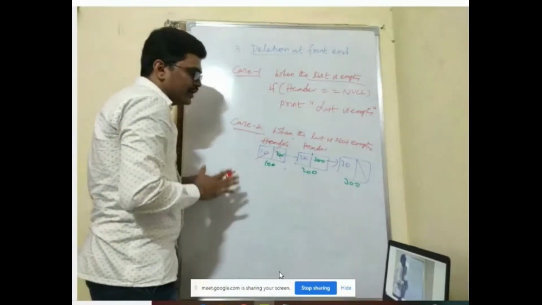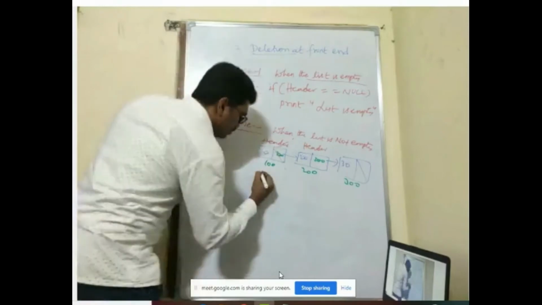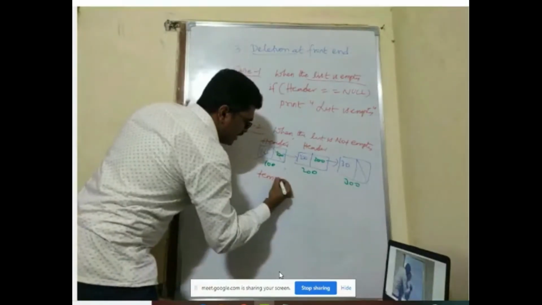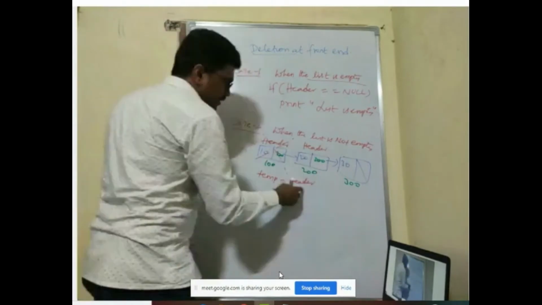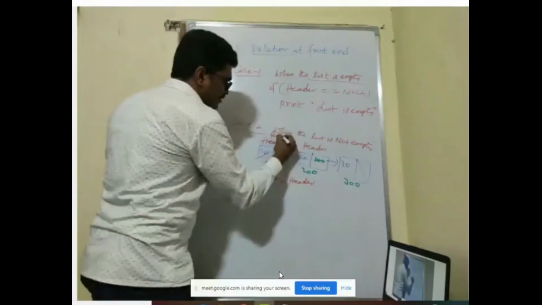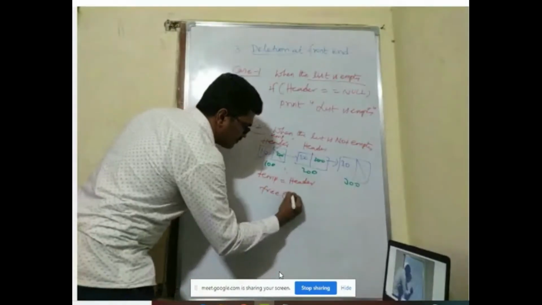So how are we going to do this? Physical memory deletion is not required, but for our purpose we write temp equal to header. You can remove temp later; you have something called free.